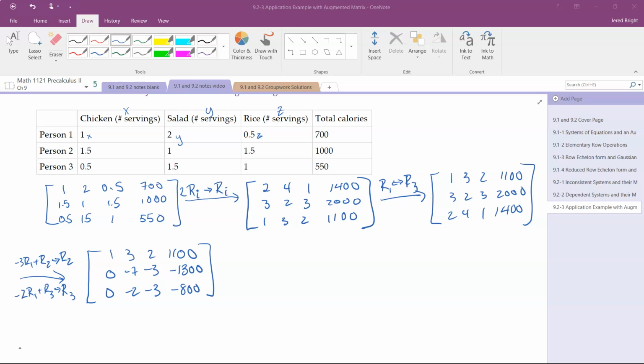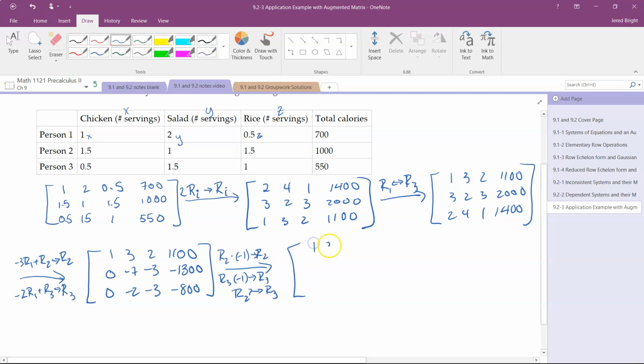Next, I'm going to do 2 things. I'm going to take rows 2 and 3 and make them positive, so multiply by -1, and I'm going to interchange row 2 and 3. To represent that, I'm going to take row 2 times -1 into row 2, row 3 times -1 into row 3, and I'm going to interchange rows 2 and 3.